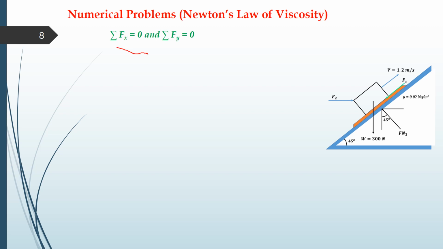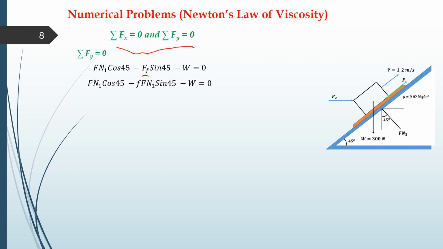So we will use the summation of forces in x direction equals to 0, and summation of forces in y direction equals to 0. Accordingly, the forces in y direction will be given by this equation, where Fn1 is a normal reaction and Ff is the frictional force, and we'll put these values over here.